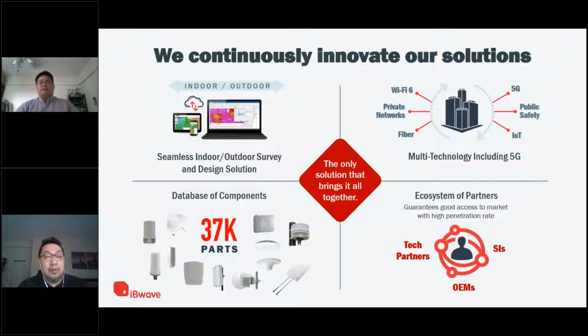We are proud to say that our solution has the biggest database, with 37,500 components. And our ecosystem of partners, tech partners, systems integrators, vendors, and OEMs guarantees good access to market with a high penetration rate.